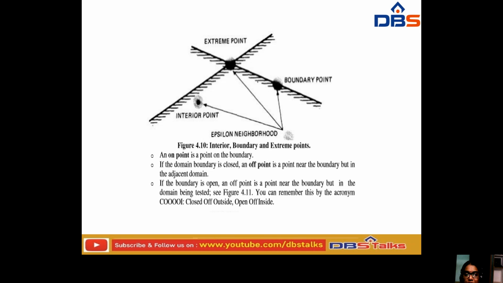But if the boundary is open, then the off point is near the boundary but in the domain being tested. You can remember this as COOI, that is closed off outside and open off inside. So now let's go for this.